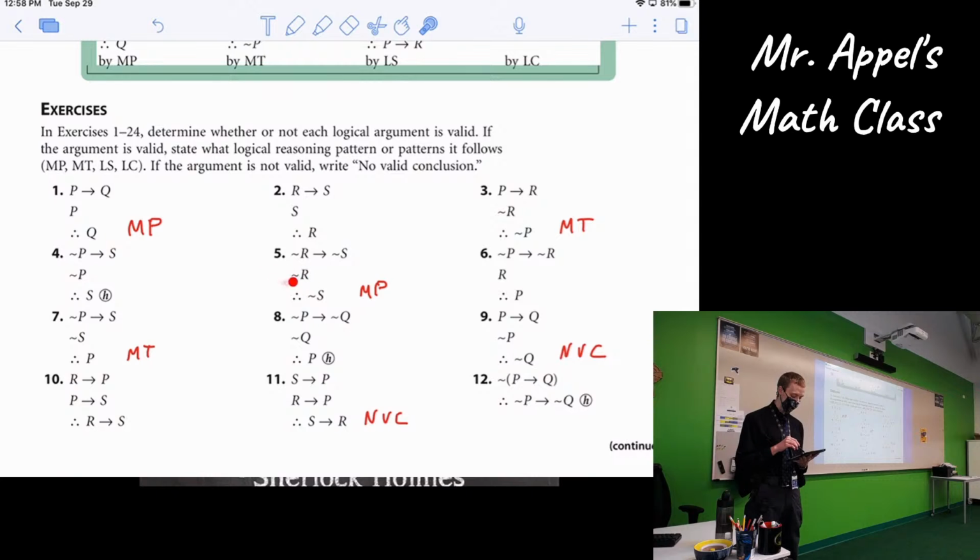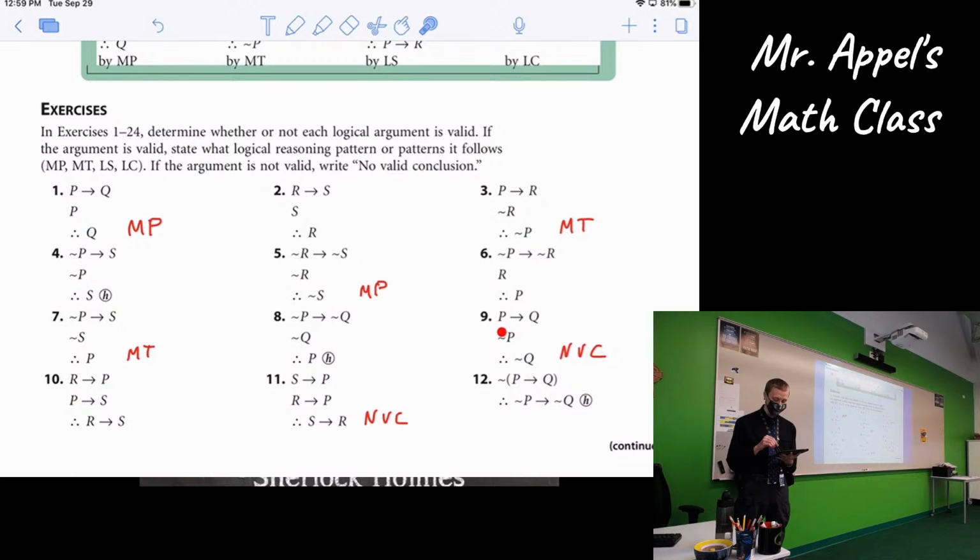And number 5, if not R, then not S, not R, therefore not S. This is also modus ponens, despite the negations. As long as these two match perfectly, it's modus ponens. Number 7, if not P, then S, not S, therefore P, that's modus tollens. A little switcheroo on the negation there.